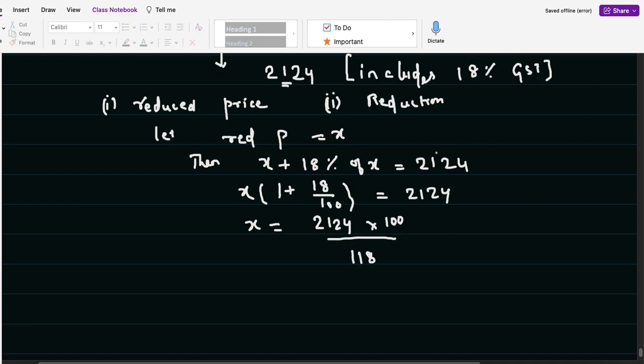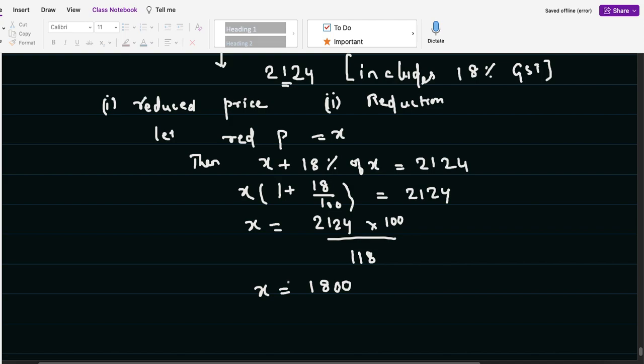This is the same formula that is there, right? So if you do the calculation, you get X equal to rupees 1800. This is the reduced price.